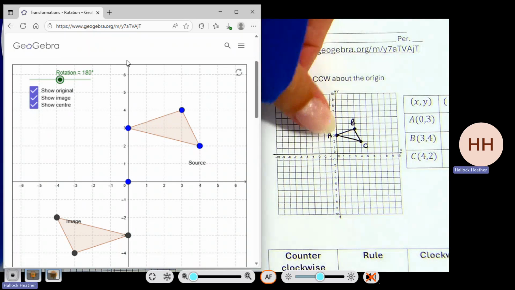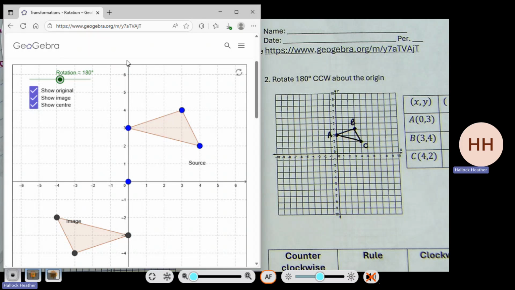So A, yours looks different. Is your point at 0, 0?